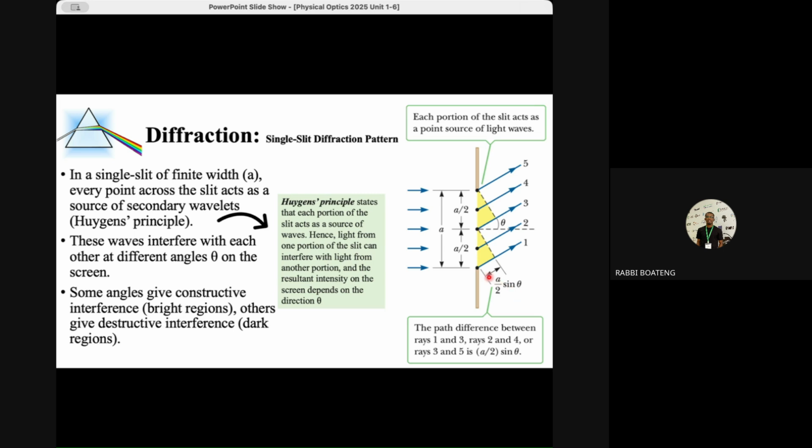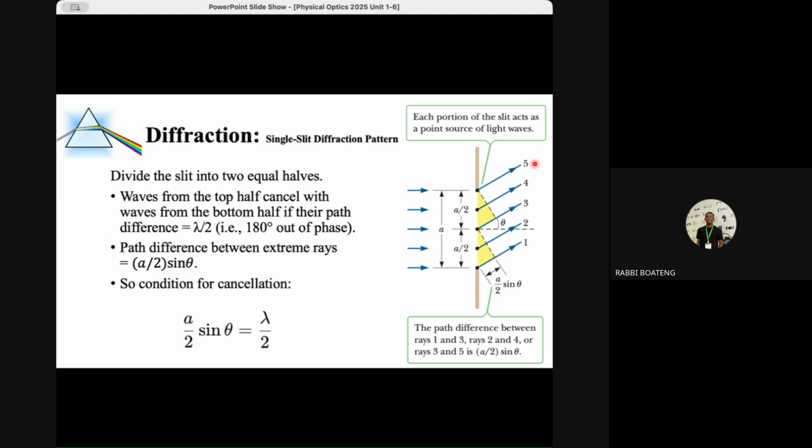That is going to be the half of the aperture. Now let's look at the upper half of the other aperture. This time around, it's still going to be the same because we are talking about from ray 3 to what? Ray 5. And we should still be expecting A over 2 sine what? Sine theta. Is that okay?